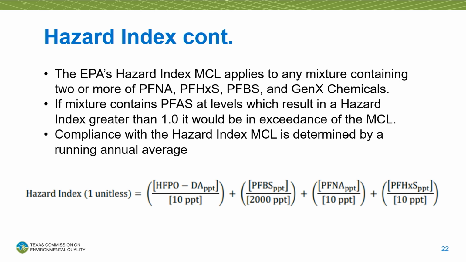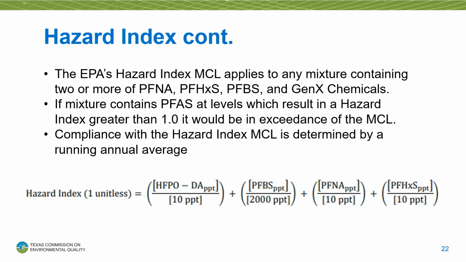So looking at the hazard index here, the hazard index MCL applies to any mixture containing 2 or more of PFNA, PFHxS, PFBS, and GenX. So you have to have 2 or more of these in the mixture to do the equation and have that MCL.